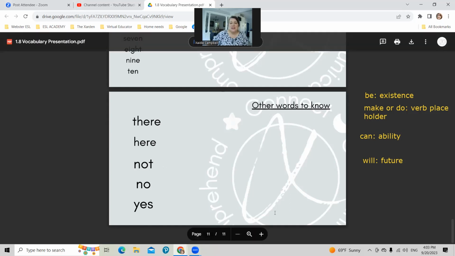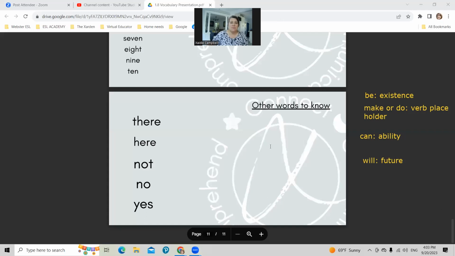Not is a word that we use to make a sentence negative. For example, I like oranges. If I'm going to make this sentence negative, I need to use the word not.